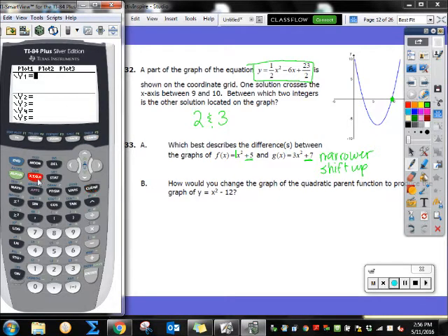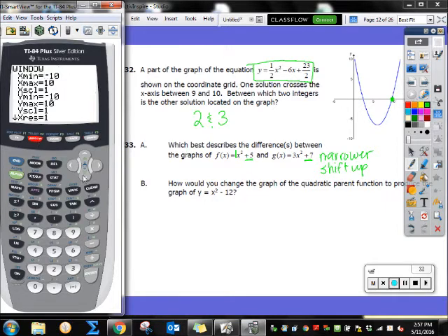So put in x squared plus 5. Then in the second one, we're going to put in 3x squared plus 7. Press graph. The first one is the first one, so that one's at 5. The second one is shifted up. It's actually kind of good that we know that going from a 1 in front of x squared to a 3 is narrower because that is very difficult to see on this graph.